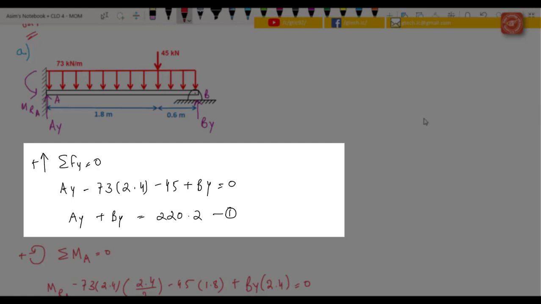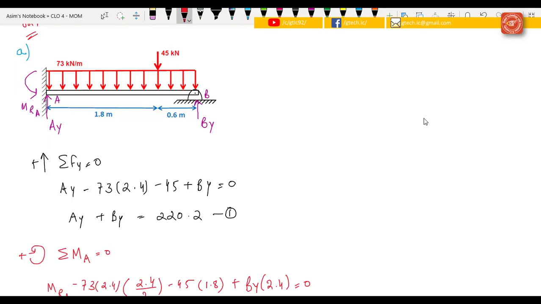So the equation is Ay minus 73 times the length of this distributed force, that is 1.8 plus 0.6, that is 2.4. The point load which is acting over here, that is 45, is moving downward, so minus 45 plus By. And then we have equation number 1, that is Ay plus By is equal to 220.2.